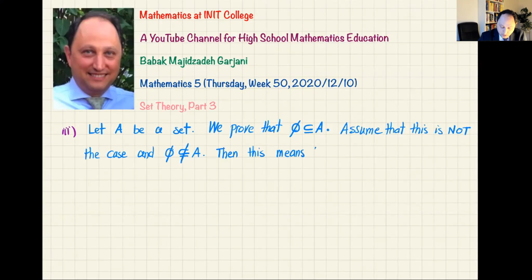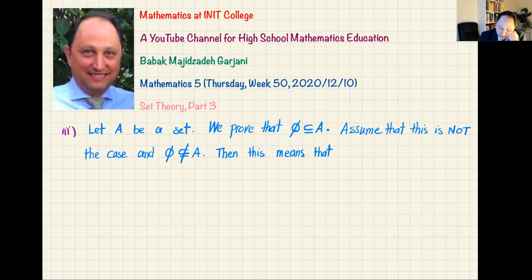I am claiming that this is the true statement. If you say this is not true, then you have to say that this is true: the empty set is not a subset of A. But this means what? Can you just complete my sentence? It means that there is something in the empty set which is not in set A, but there's nothing in the empty set. Yeah, thank you very much.